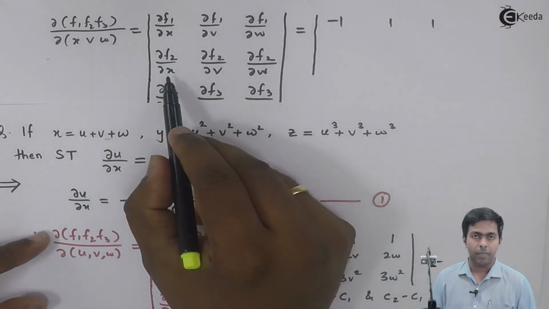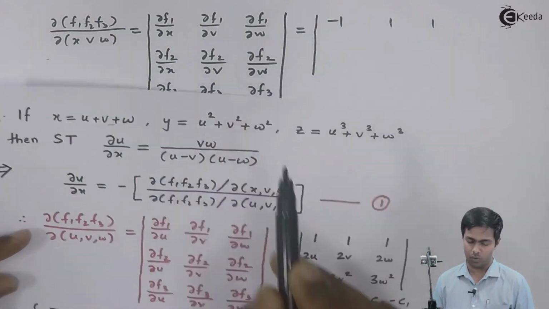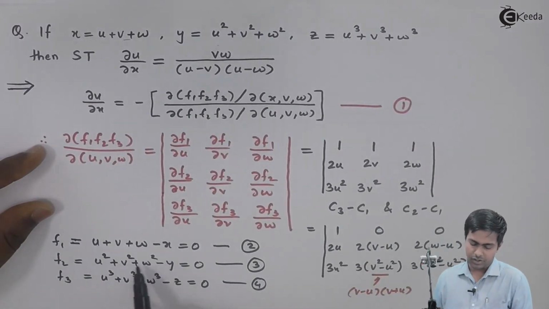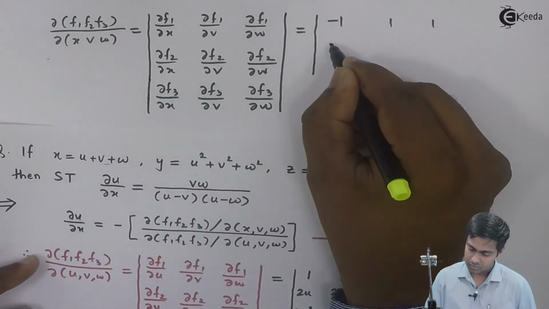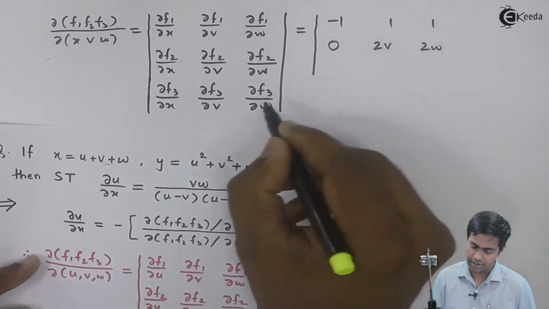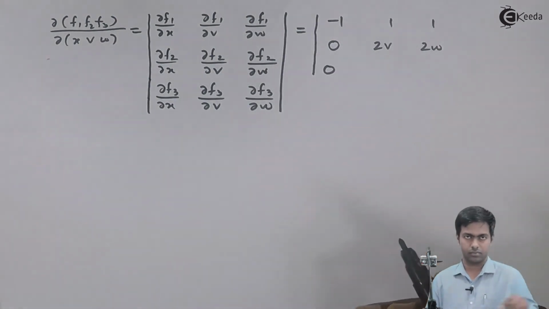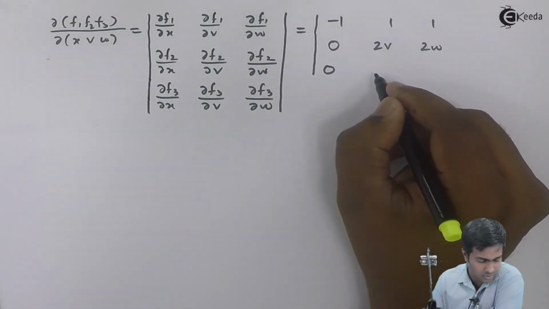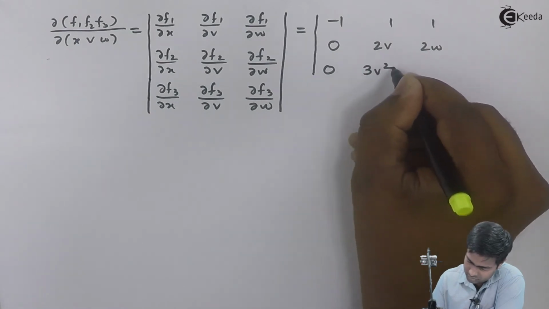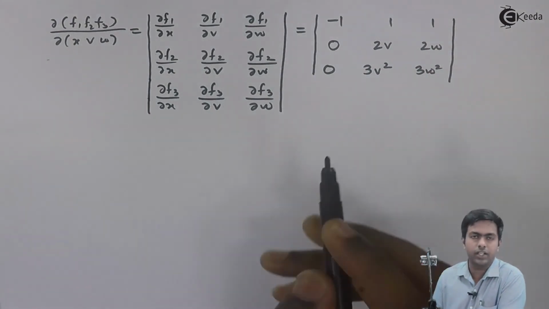Similarly, by differentiating the second function with respect to x, v and w, we will get 0 with respect to x, 2v and 2w, and here we'll get 0. Now let's solve the determinant.